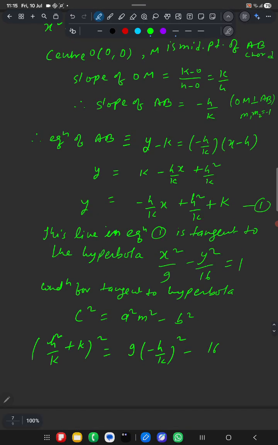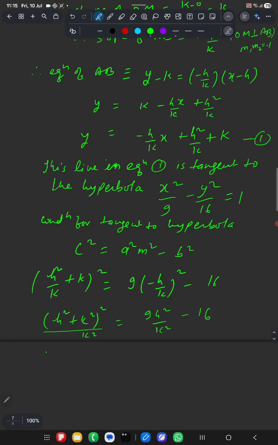Now solve it, you will get the answer. This will give you (h squared plus k squared) whole squared divided by k squared equal to 9 h squared upon k squared minus 16. So you will get (h squared plus k squared) whole squared equal to 9h squared minus 16k squared, taking k squared to the right side.